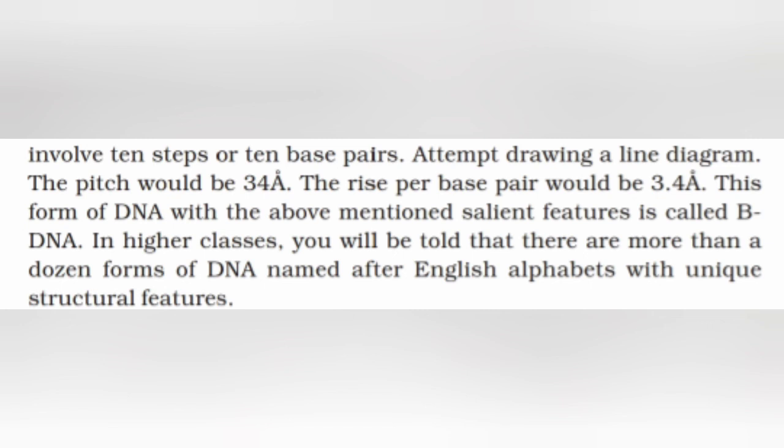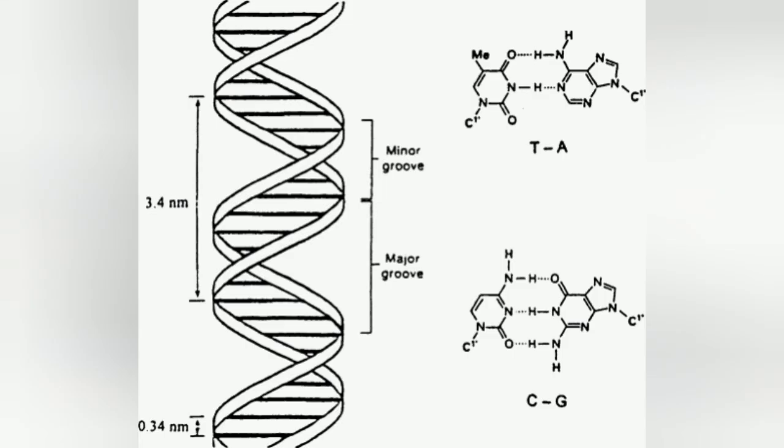The pitch would be 34 angstrom. The rise per base pair would be 3.4 angstrom. This form of DNA with the above mentioned salient features is called B-DNA. In higher classes, you will be told that there are more than a dozen forms of DNA named after English alphabets with unique structural features.